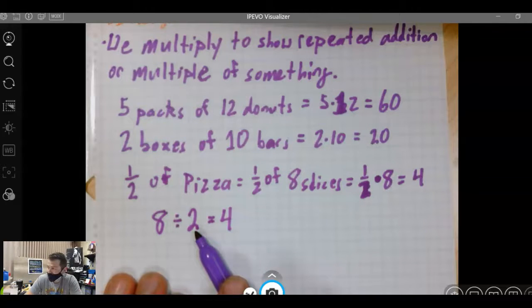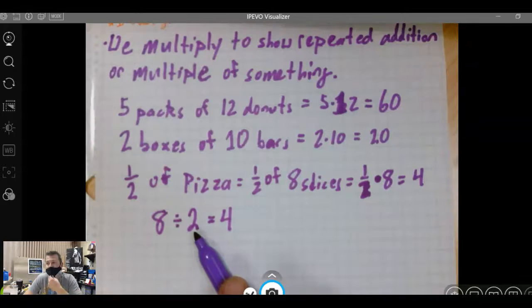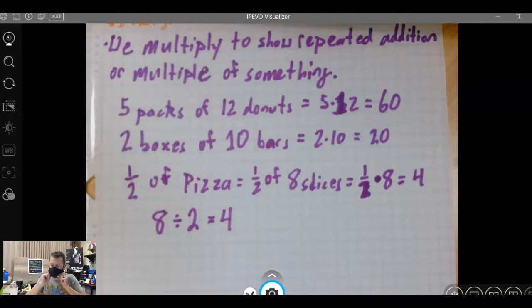Nate, is this making sense? Yeah. How we doing, everyone? I know that's a weird idea. So really in math, there's only addition and multiplication. Subtraction is addition of the opposite. Division is multiplication by a portion.